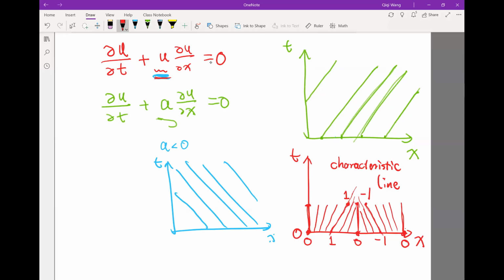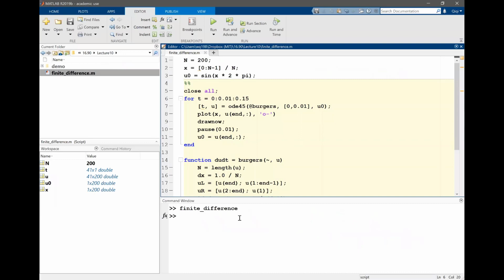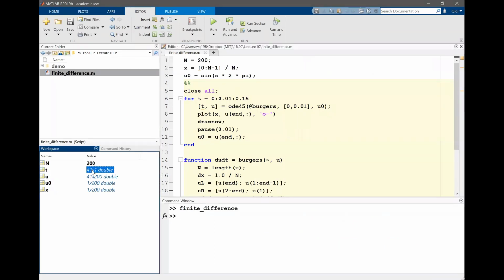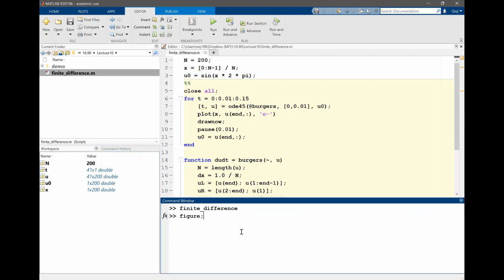All right, we can see it from MATLAB in our case. We have t that signifies time, we have x that signifies the space, and we have a solution u. So if we actually make a figure and do the contour of x, t, and u, I'm not sure if I need to transpose it or not.